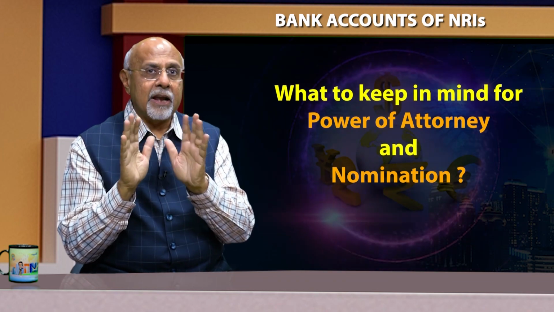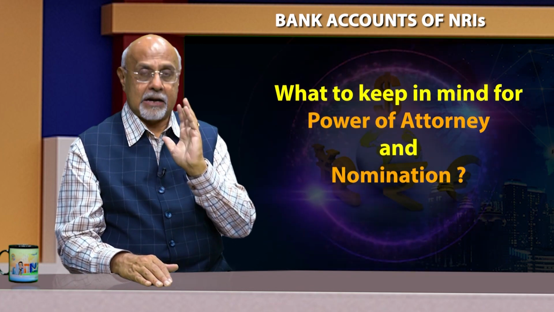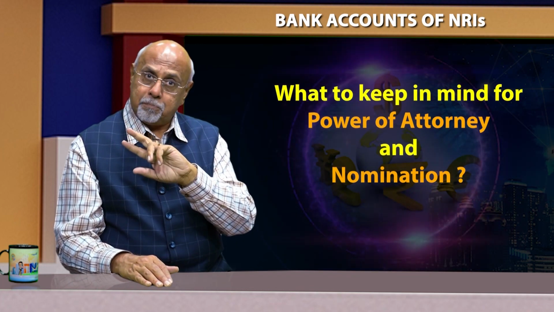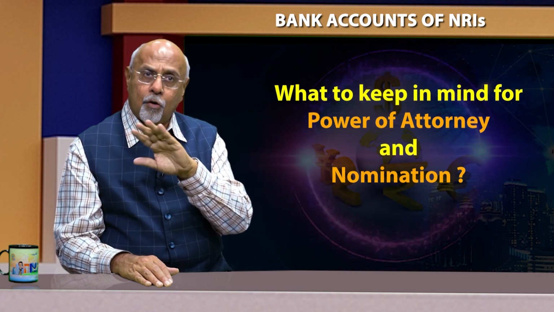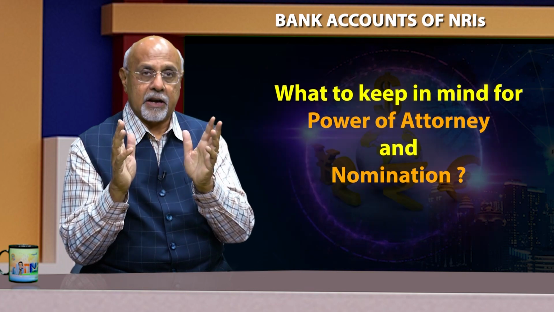That can be extremely useful or easy in terms of operation of your bank accounts. And this power of attorney can be used for all these accounts. You don't need separate powers for separate accounts.